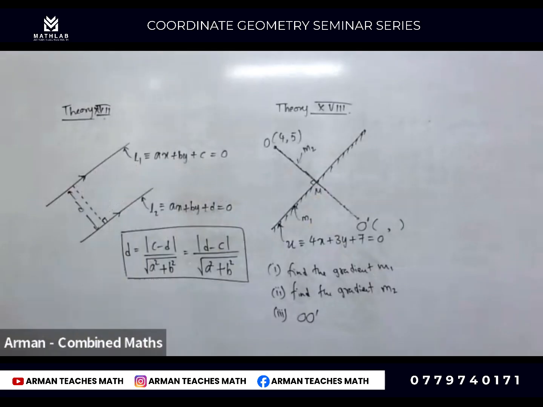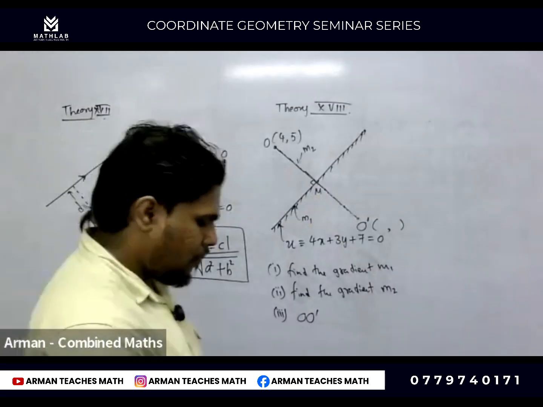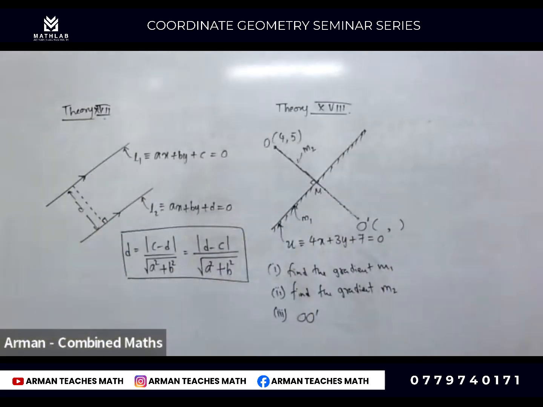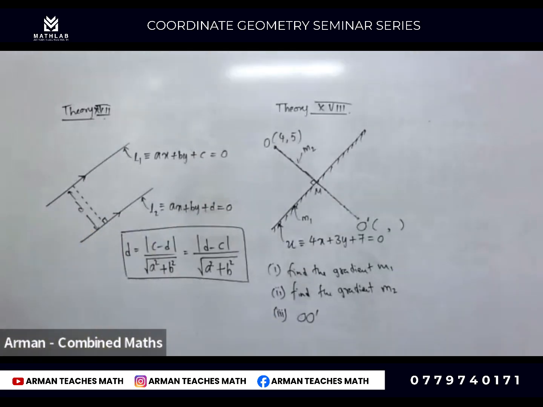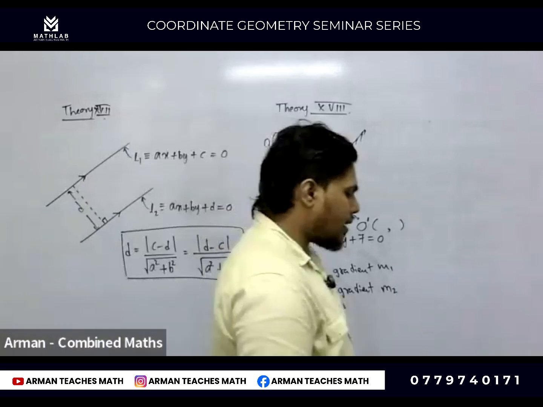Get the general coordinates on the OO dash straight line segment, parametrically.